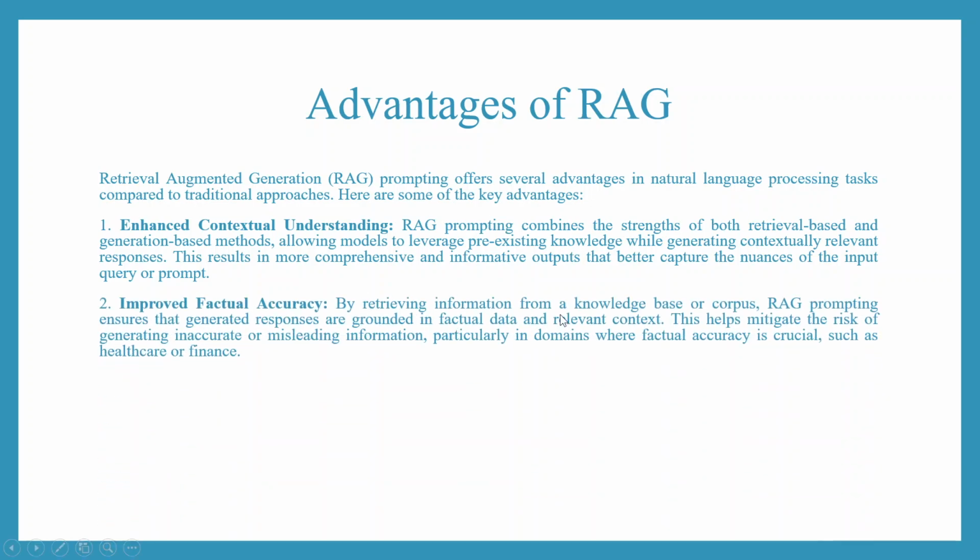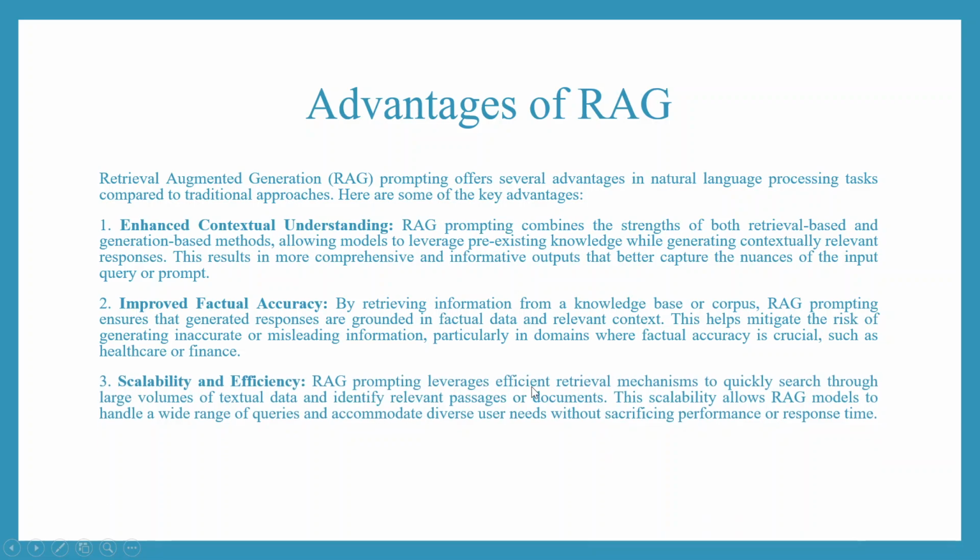By retrieving information from a knowledge base or corpus, RAG prompting ensures that the generated responses are grounded in factual data and relevant context. This helps mitigate the risk of generating inaccurate or misleading information, particularly in domains where factual accuracy is crucial, such as healthcare or finance.